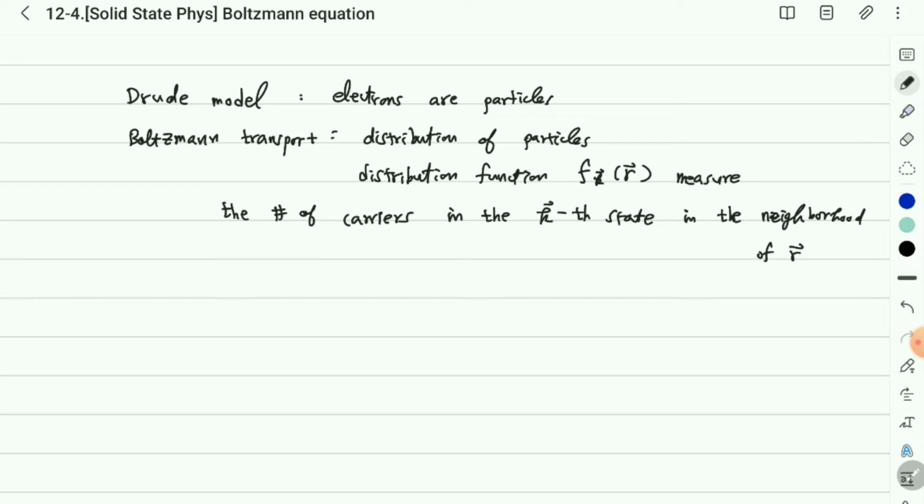And in classical statistical mechanics, we know that there is a Maxwell-Boltzmann distribution function, and one representative distribution function is the Maxwell-Boltzmann distribution function.